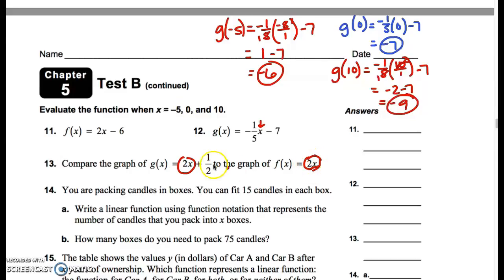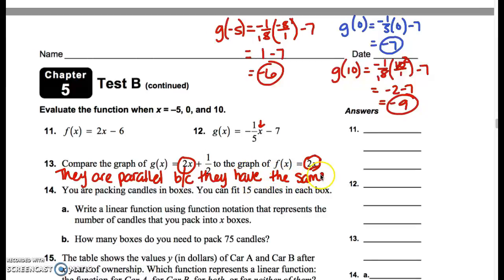And if you remember, the number in front of your x is always your slope. So these lines are going to be parallel because they have the same slope. And there's their comparison.